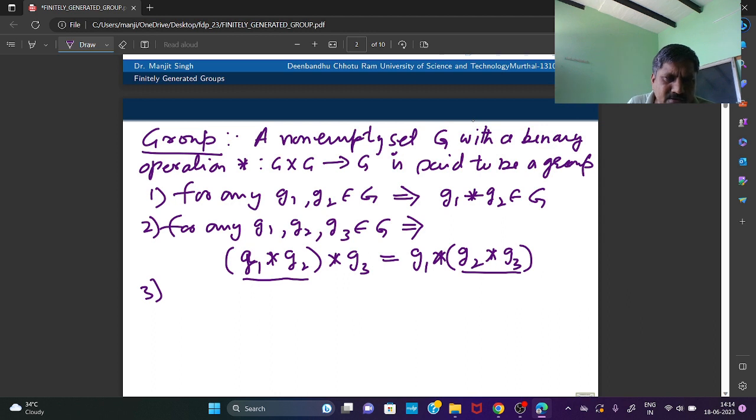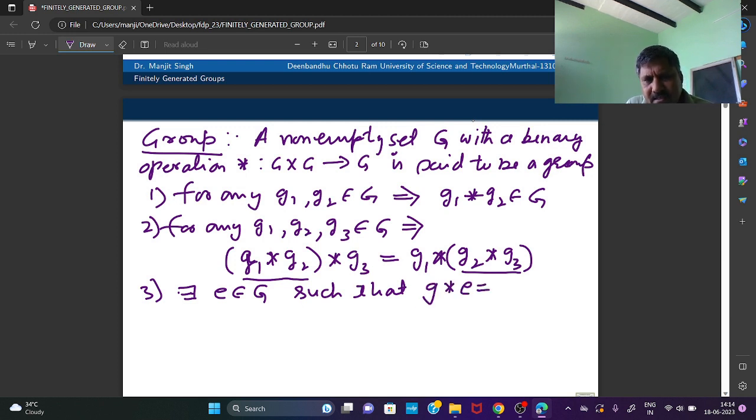Third is the existence of identity. There exists an element e belonging to G such that g operated with e is g, and e operated with g also gives g, for all g belonging to G. Such an element e is called the identity element.